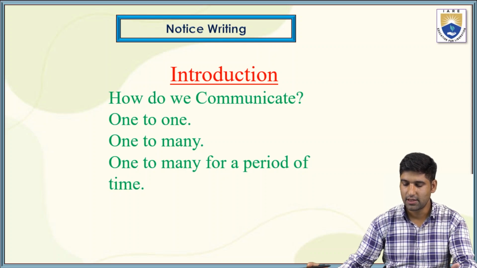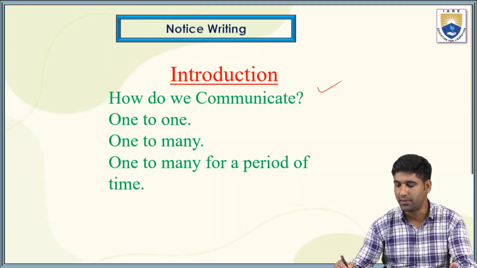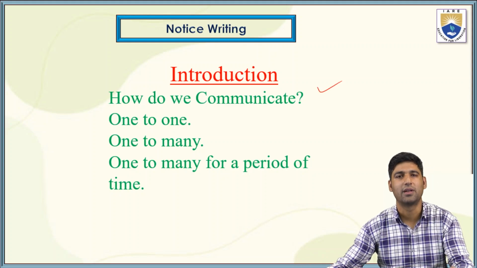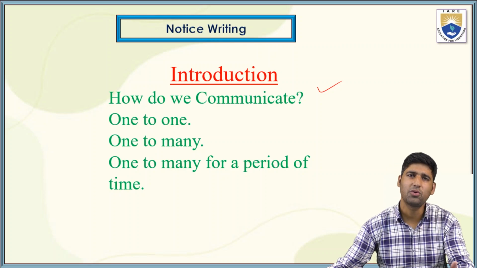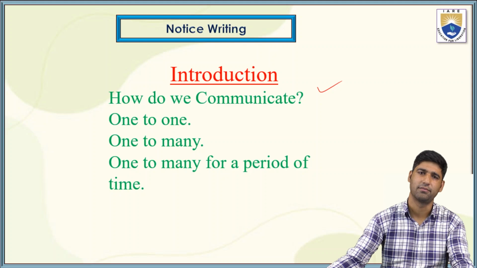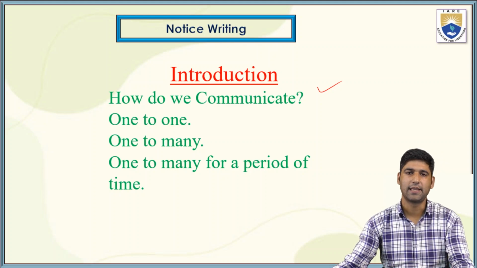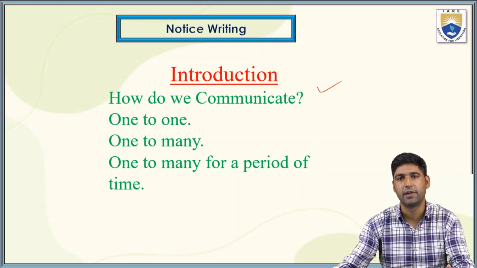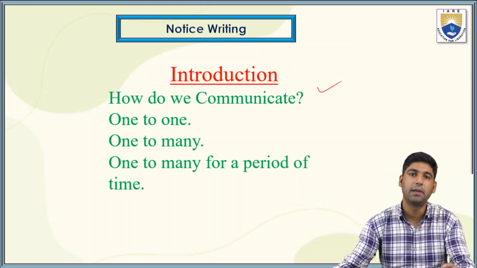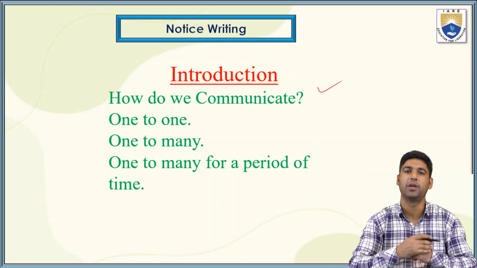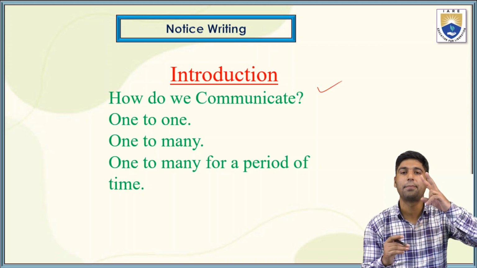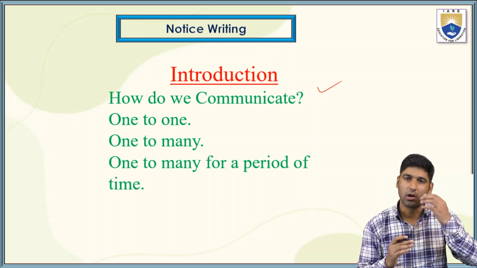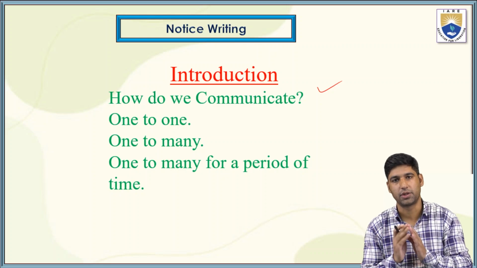So the first thing is, how do we communicate? There are different ways of communication. When it comes to writing, writing is a means of communication. As I have told you in the previous lecture, when we were discussing verbal and non-verbal communication, I told you that verbal communication has two subcategories: oral communication and written communication.